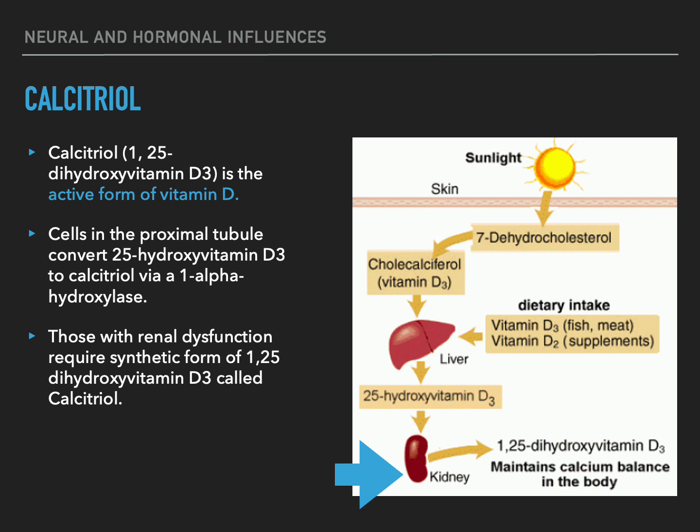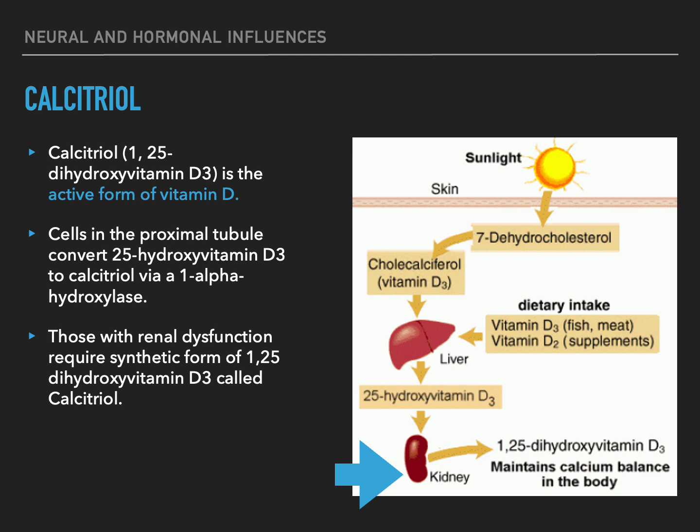Calcitriol, also known as 1,25-dihydroxyvitamin D3, is the active form of vitamin D. As you can see from the picture included on the slide, you can obtain the precursors of 1,25-dihydroxyvitamin D3 from sunlight or dietary intake converted by the liver.